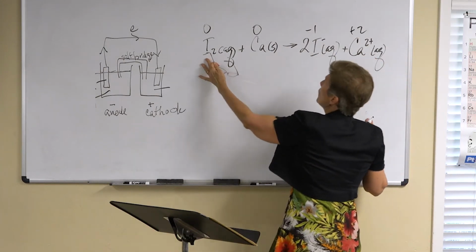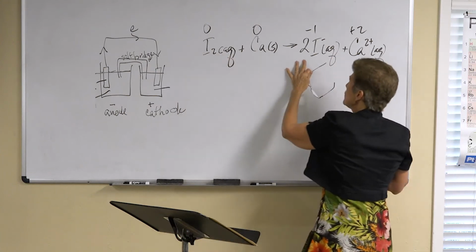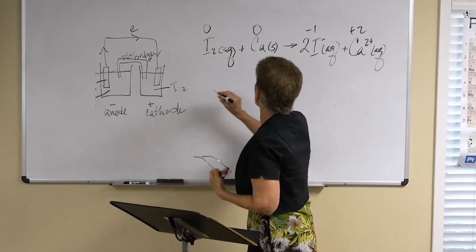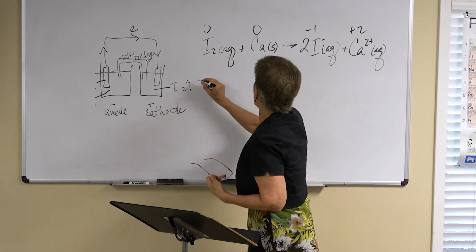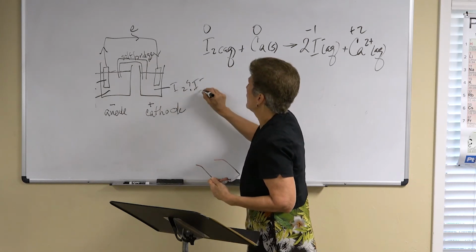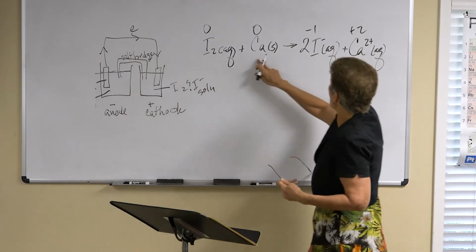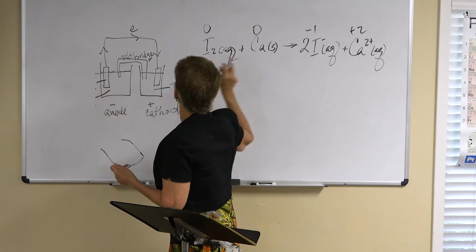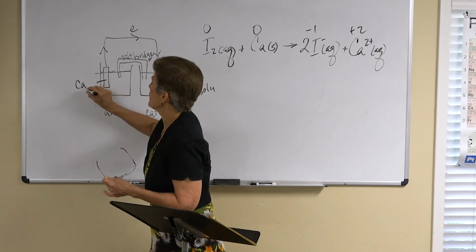0, 0, -1, +2. Okay, iodine is going from 0 to -1. It is receiving electrons, and so it is going to be on the cathode side in solution. Calcium is giving up electrons, so it's going to be over here, and it is a solid, so I'm going to put a calcium electrode.